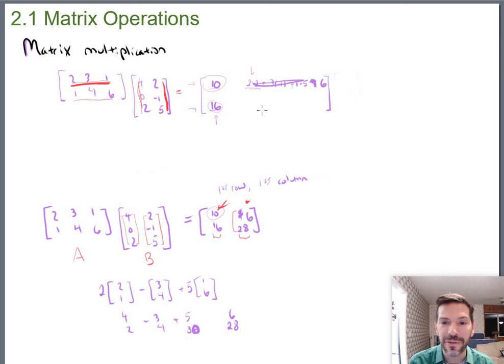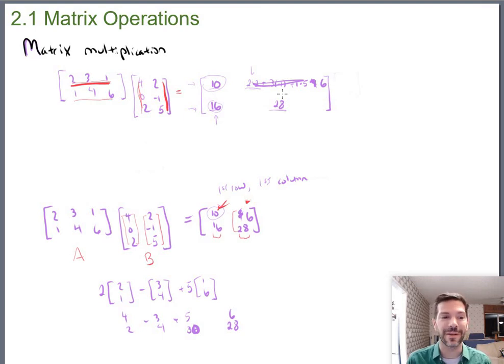So if I was finishing my alternate form of matrix multiplication, it's a good thing I'm doing this both ways to catch my mistakes. It'd be 2 minus 4, so negative 2, plus 30, 28. Really, you're doing the same arithmetic operations, you're just doing them in slightly different order.